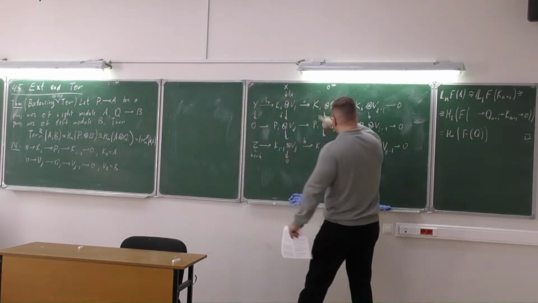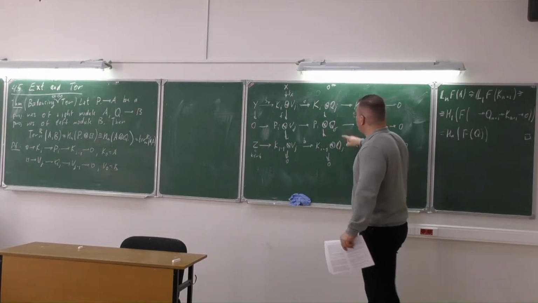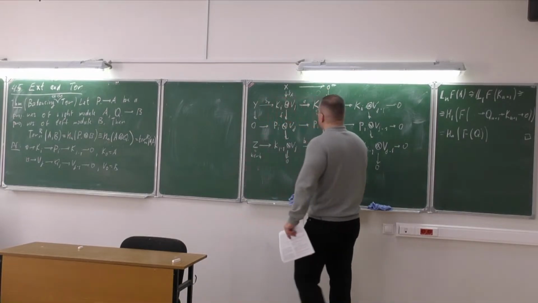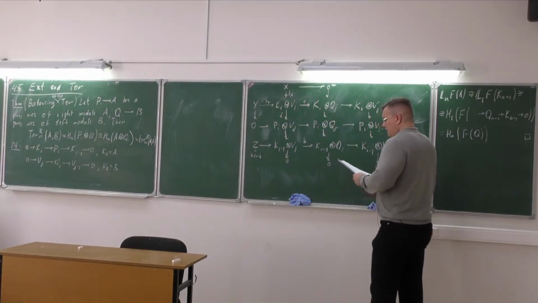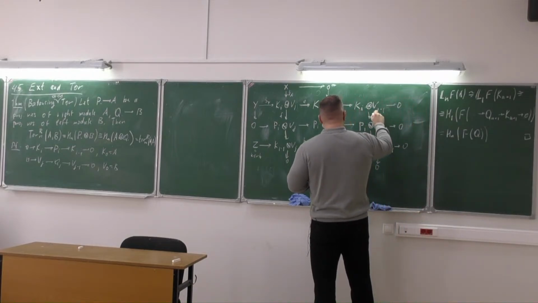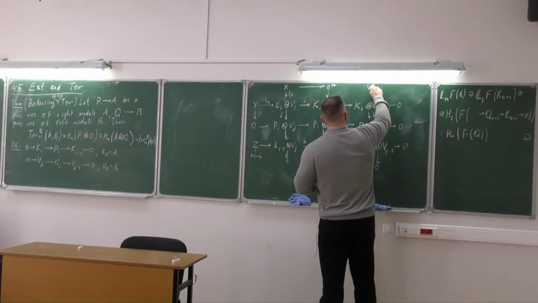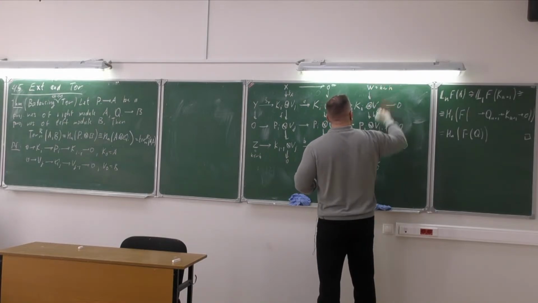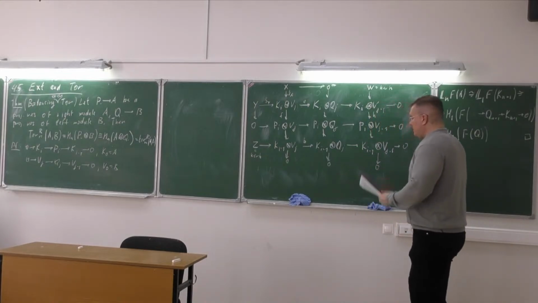I have a short exact sequence, take a tensor product with a projective module. So this square is also commutative. And the last one, the map is going to be H, and the kernel of this map is W. So this is the kernel of H. So that's the diagram that I need.